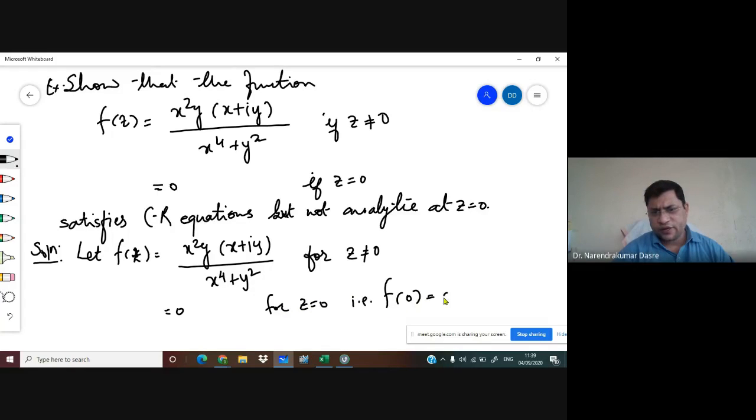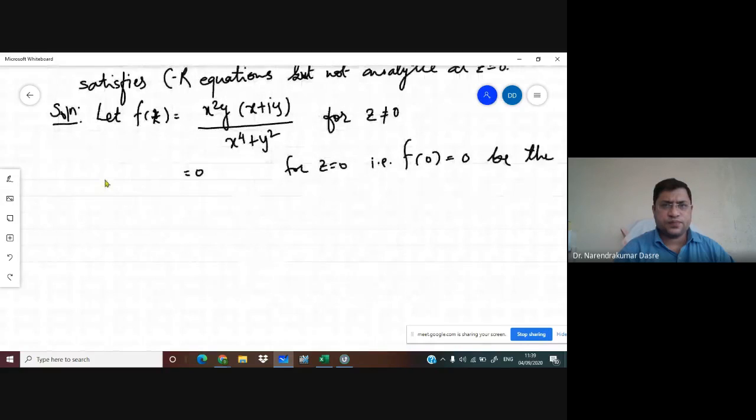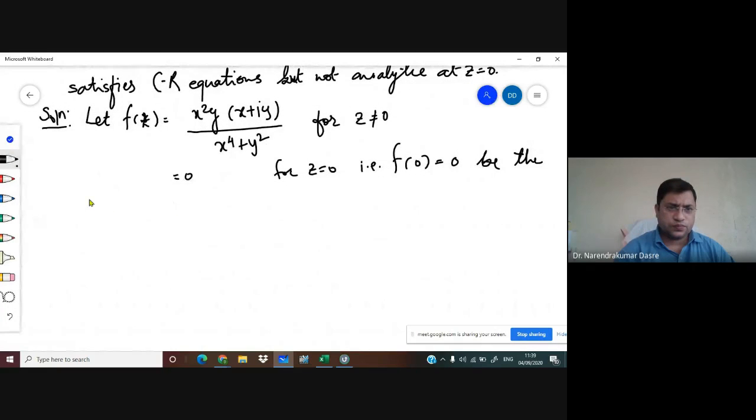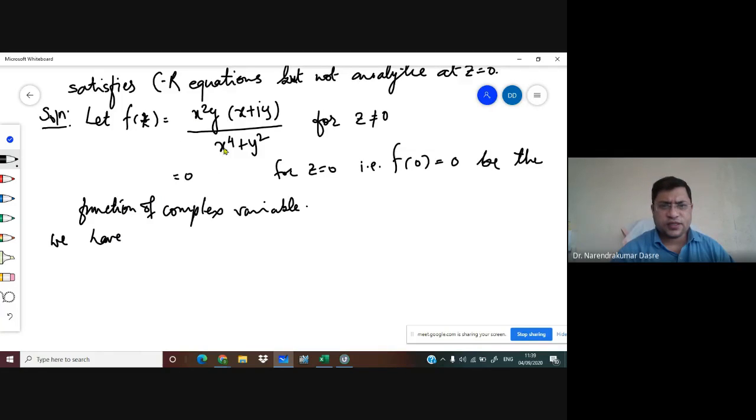That is, we can say f of z is a function of a complex variable. Okay, so we have to follow: first we have to show that this satisfies CR equation, and then we have to show that it is not analytic.